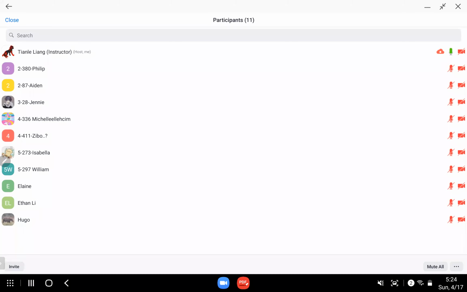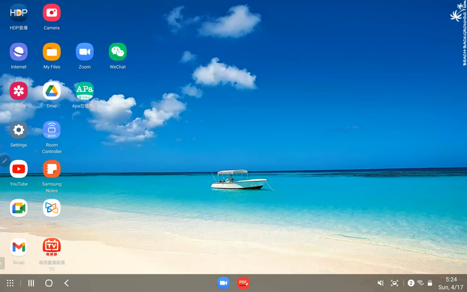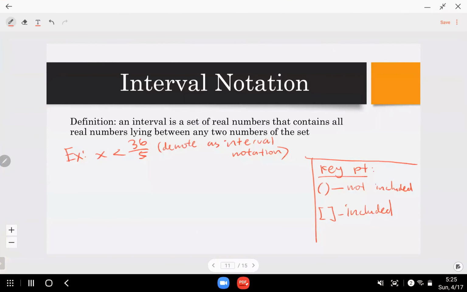If you want to give your answer, you can type it in the chat, or you can just unmute yourself. See if you can help me with this. How are we going to do it?